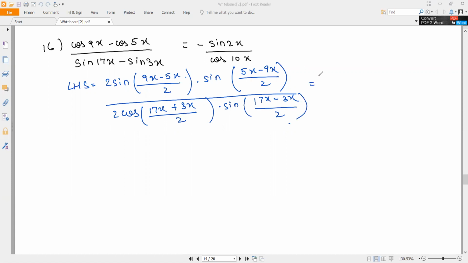Okay, so this is equal to 2 times 9x minus 5x is 4x divided by 2, which is sine 2x, into 5x minus 9x is minus 4x divided by 2 is minus 2x.